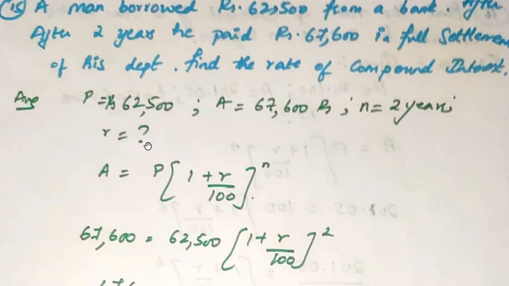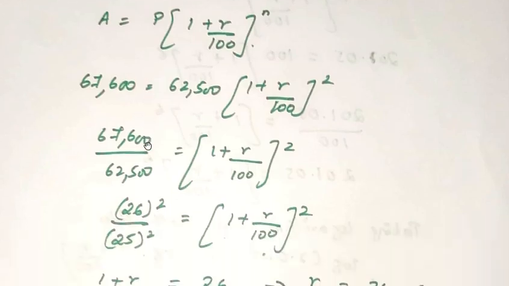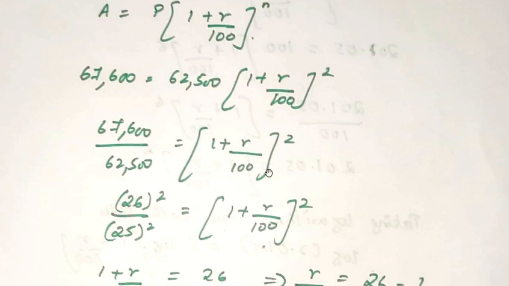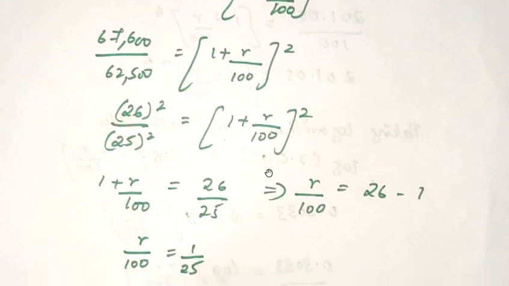So the formula used, we can use the amount formula itself. Amount is equal to principal into 1 plus r by 100 to the power of n. 67,600 is equal to 62,500 into 1 plus r by 100 to the power of 2. 67,600 divided by 62,500 is equal to 1 plus r by 100 to the power of 2.